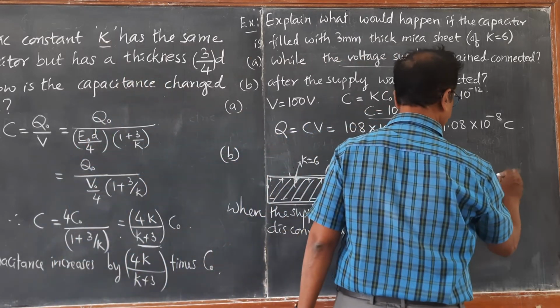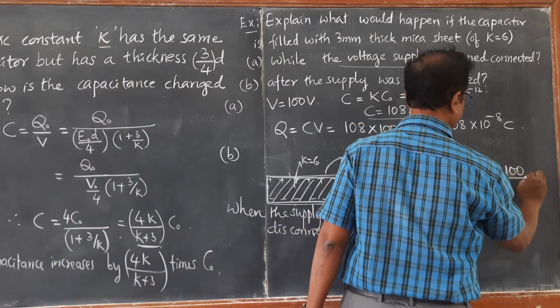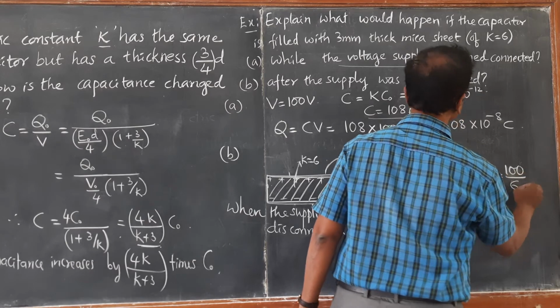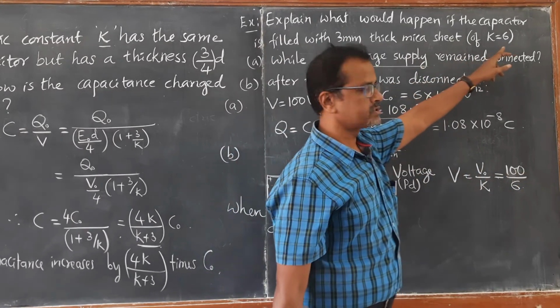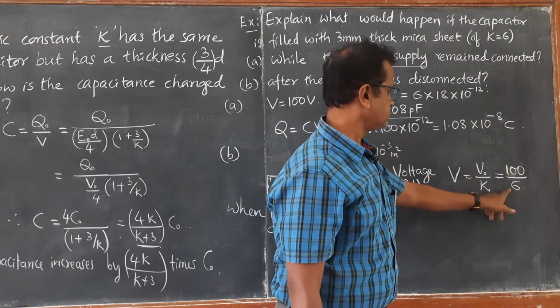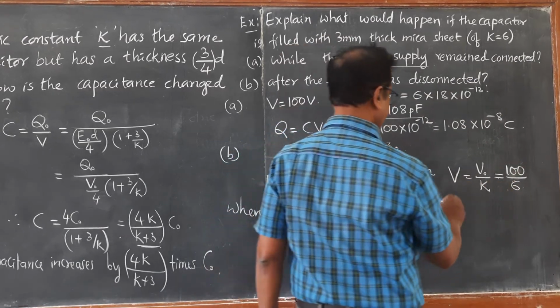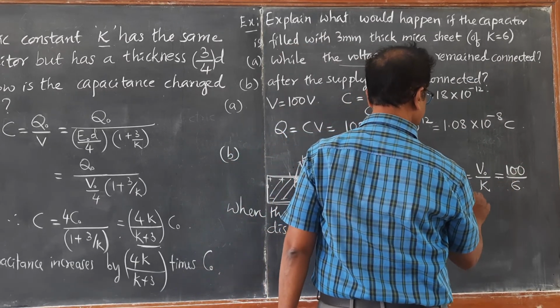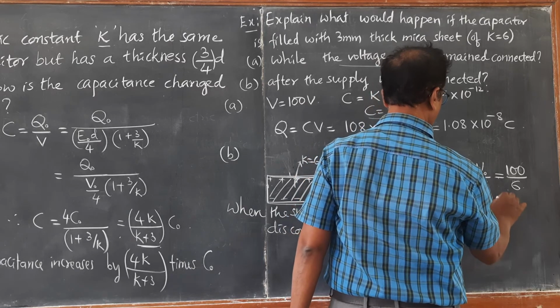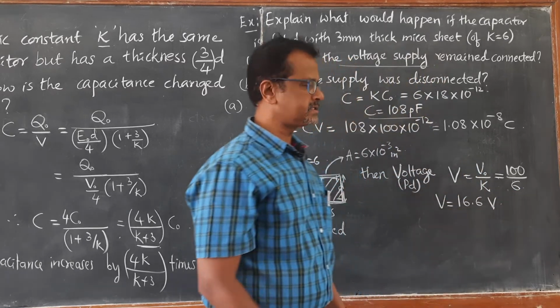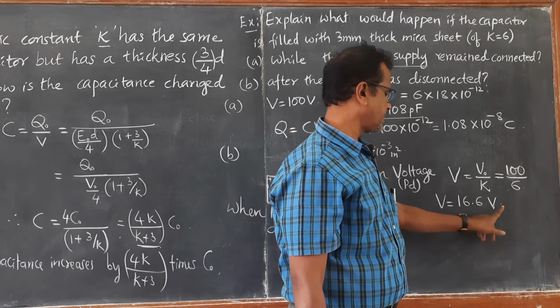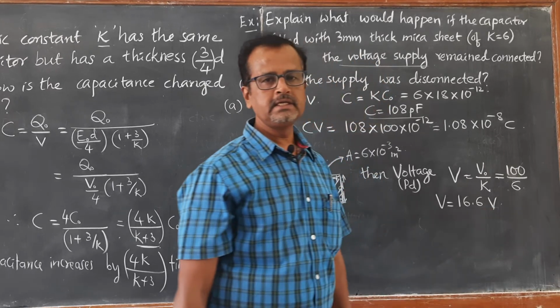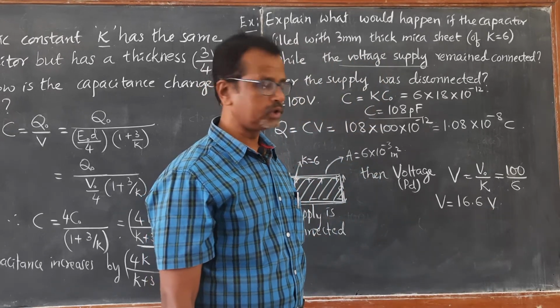So it becomes 100 by K, where the dielectric constant of the mica sheet K is 6. If you divide this, 16 6s are 96, so V comes out to be 16.6 volts.